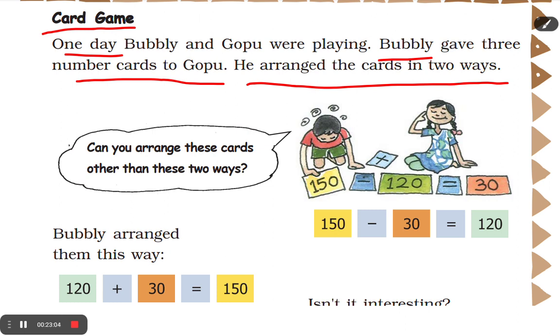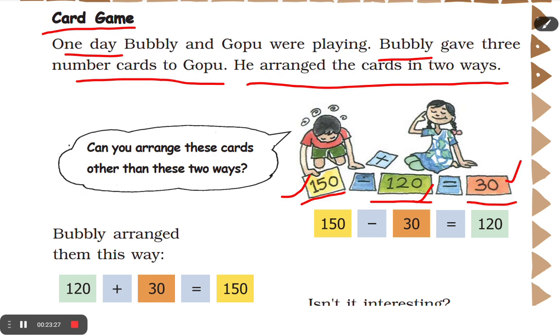So here three cards are there and numbers are written on them. What are the cards here? 150, 120 and 30. So three cards are there, with the numbers 150, 120 and 30.